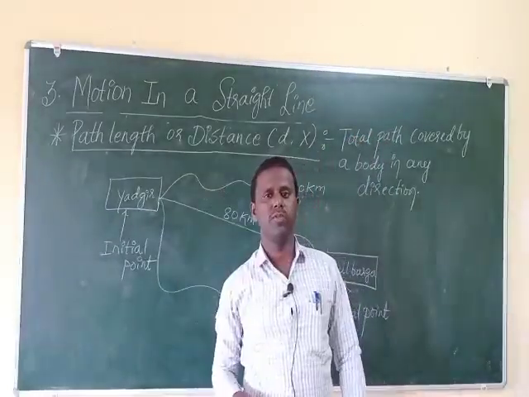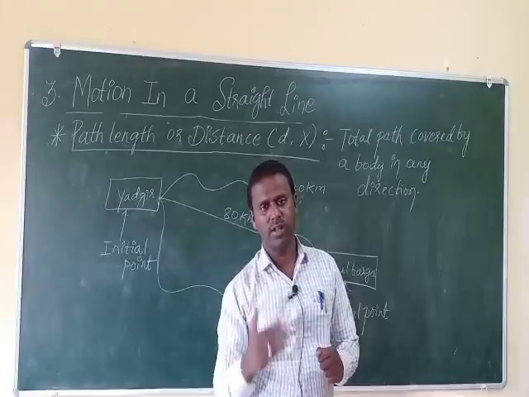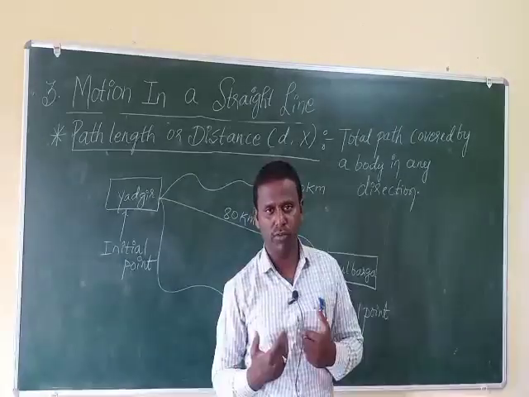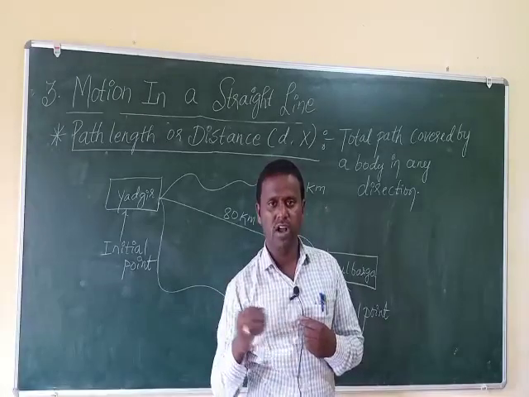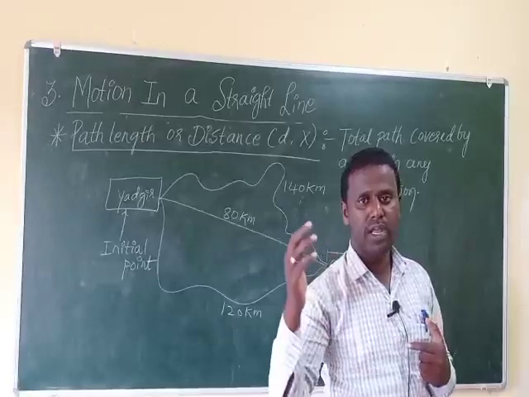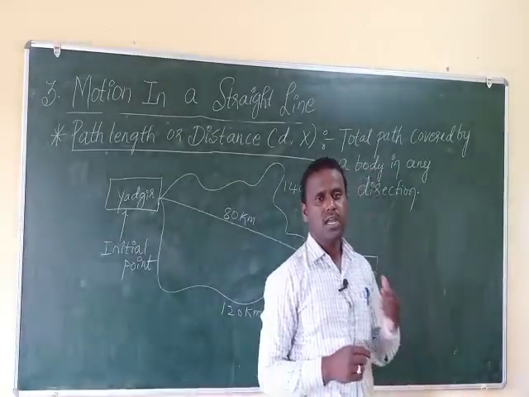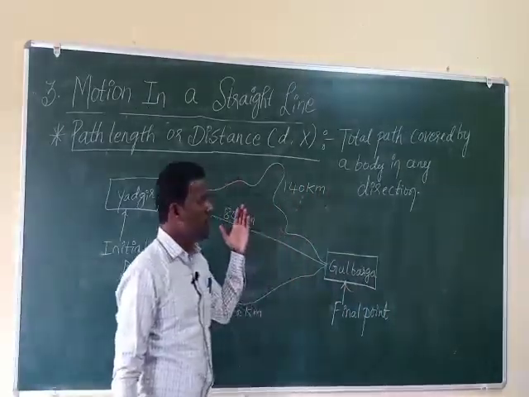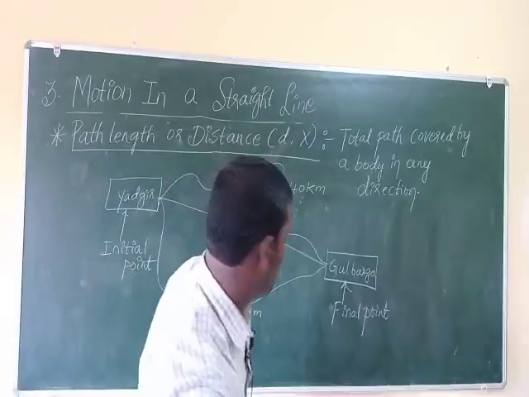From the degree college once again I am taking a left turn, then a right turn, then I reach my house. Here the total path covered by me is called distance, because I am not preferring a particular direction. If I prefer a particular direction to reach my house, then that is not the distance, that is a displacement.